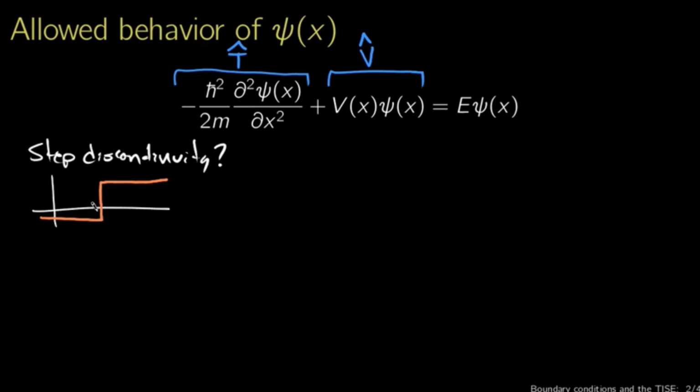So if I take the first derivative of psi, the first derivative of a step function is a delta function. If it's not obvious why that's the case, think about what you would get if you integrated from one side of the delta function to the other side. If you integrate from a point here to a point here, you'll get 0.